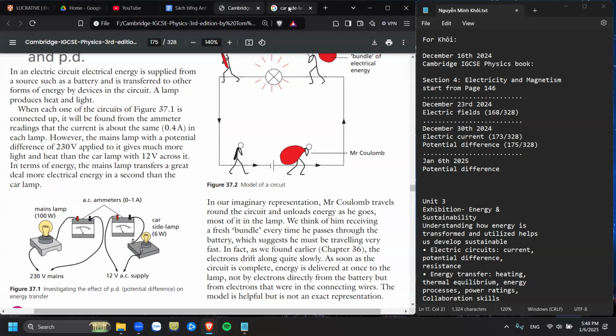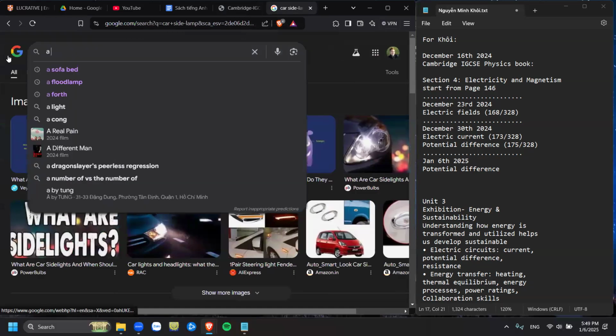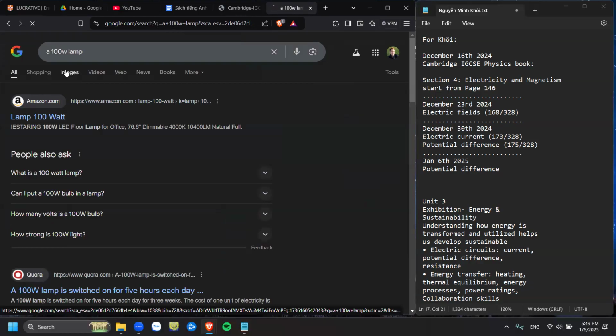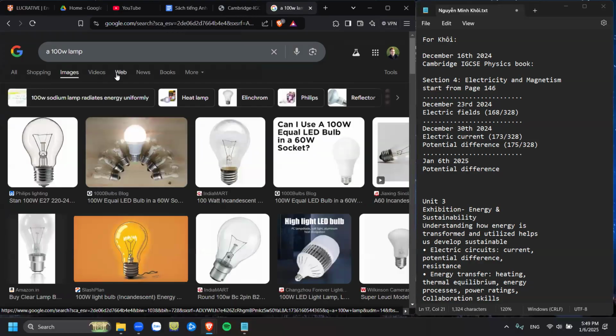Have you ever seen a 100-watt lamp? It's really, really strong. A 100-watt lamp is just really, really bright. Like one bulb like that, you can illuminate a whole room.